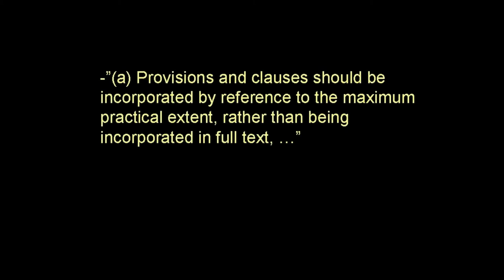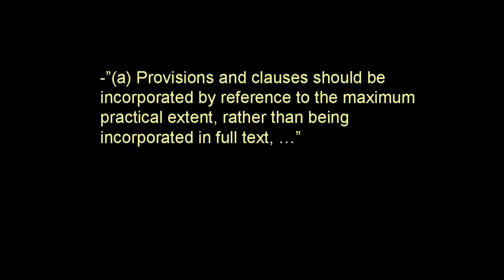So here are the instructions. 52.102 is incorporating provisions and clauses. It says that provisions and clauses should be incorporated by reference to the maximum extent practicable, rather than being incorporated by full text.